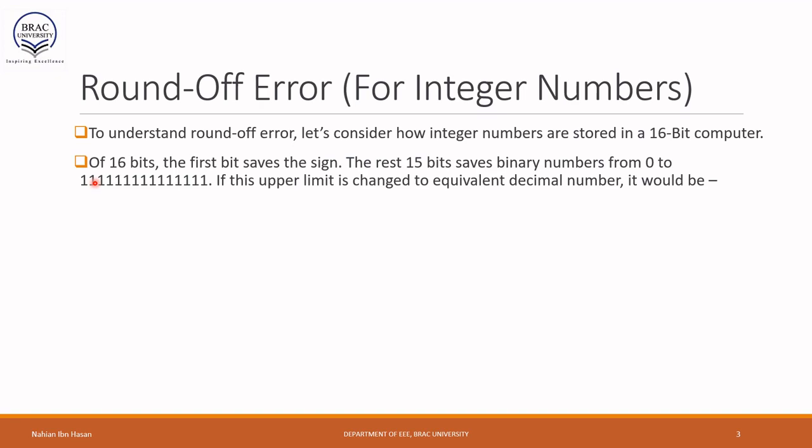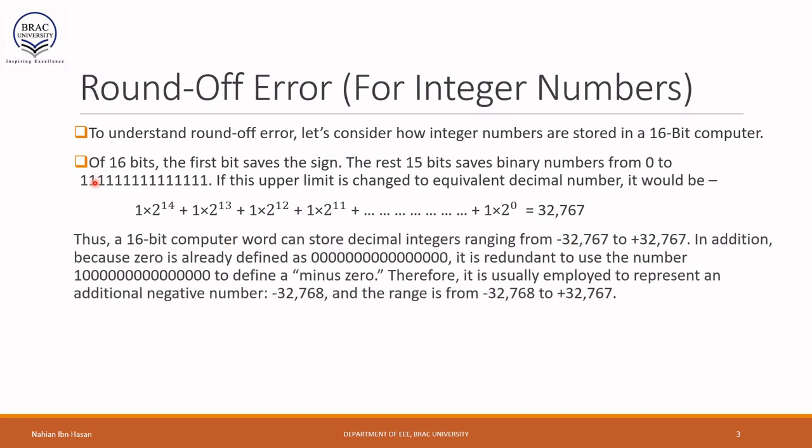If this upper limit is transformed from binary to the equivalent decimal, what would that number be? It would be 32,767. That's the highest number that you can store using a 16-bit computer system. So what does it mean? A number can be positive or negative.